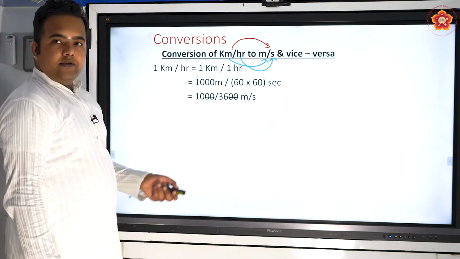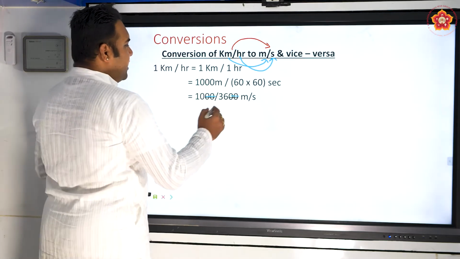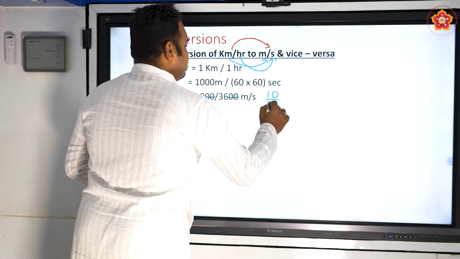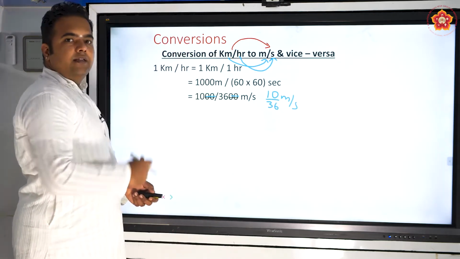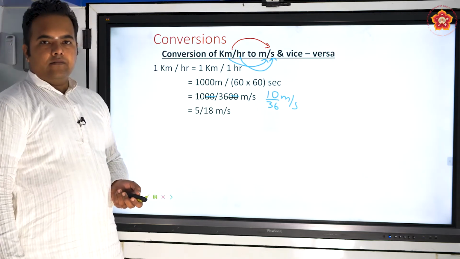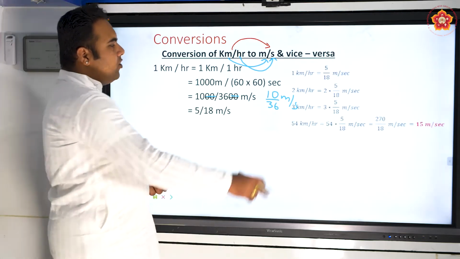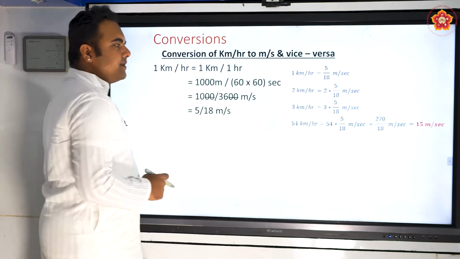So 1000 by 3600. These zeros are gone. I get 10 by 36. When I simplify 10 by 36, it gives me 5 by 18 meters per second. So therefore, 1 kilometer per hour is 5 by 18 meters per second.